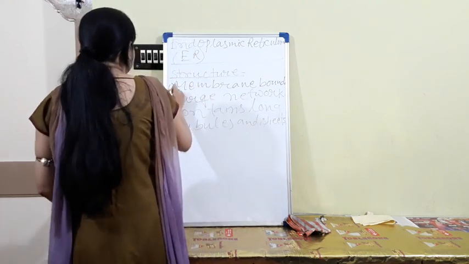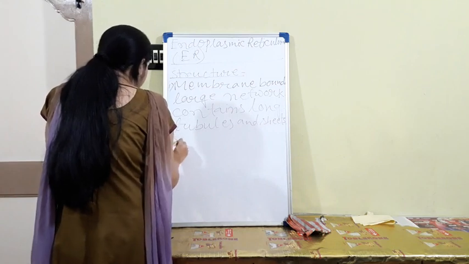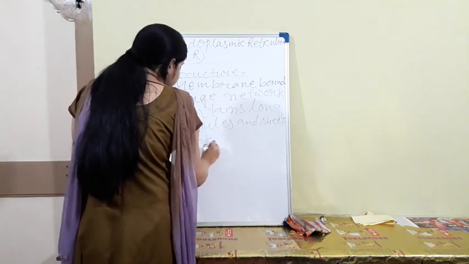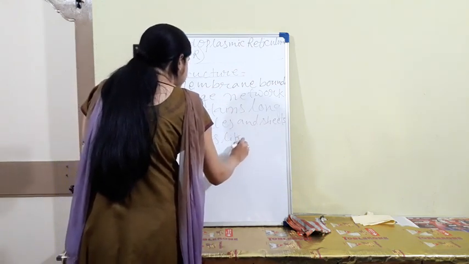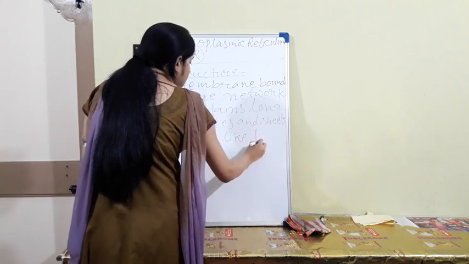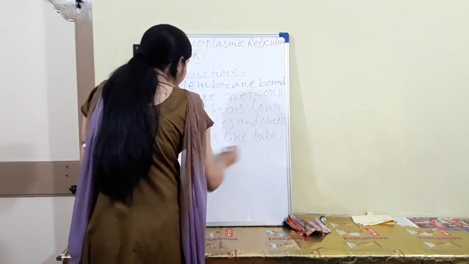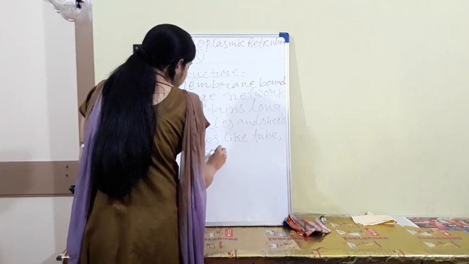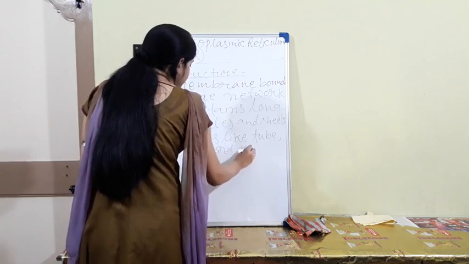First one, tubules. Second one looks like a tube, round or bag.